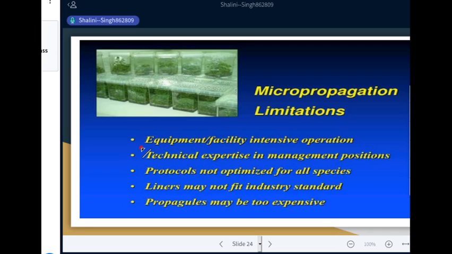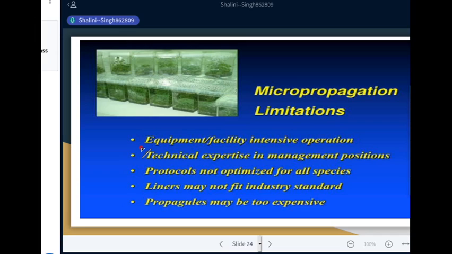For this, you have to go for certification. Whatever plants you have been producing, for that you have to get a certification from the government agencies. And if your protocol takes a lengthy time to be optimized and you cannot produce many plants from a single explant, then the cost per explant will be high and your plantlets will become expensive.